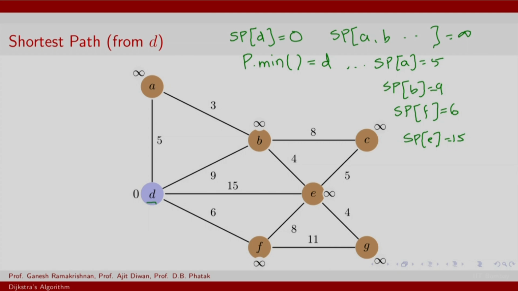You are going to update the min heap. So what happens? Well, the next P dot min should get you A with its corresponding value 5.